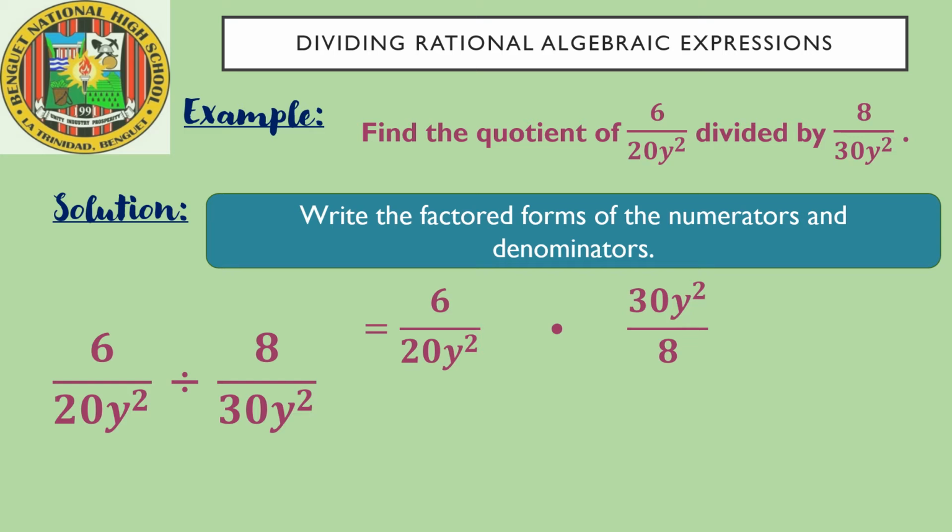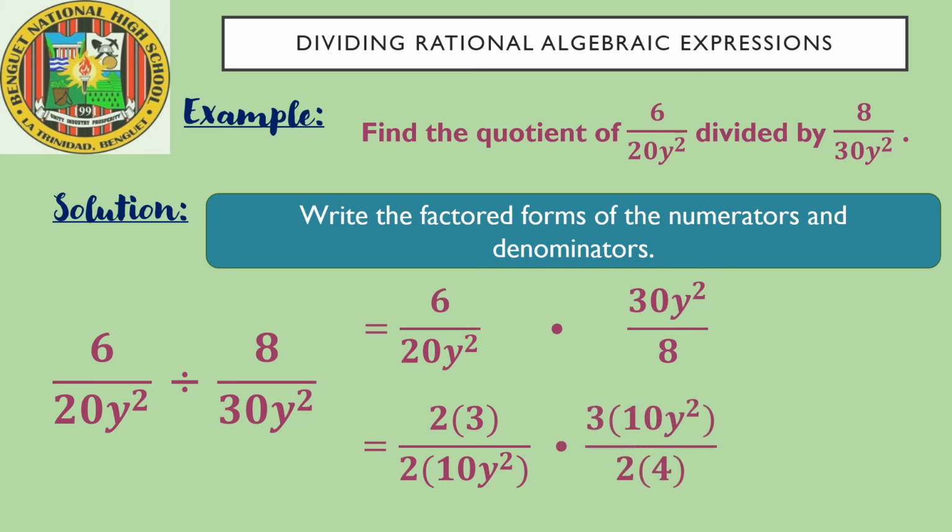Thus, 6 over 20y squared is factored out as 2 times 3 over 2 times 10y squared. For the second RAE, 30y squared over 8 is factored out as 3 times 10y squared over 2 times 4. Take note of the common factors between the numerators and denominators.